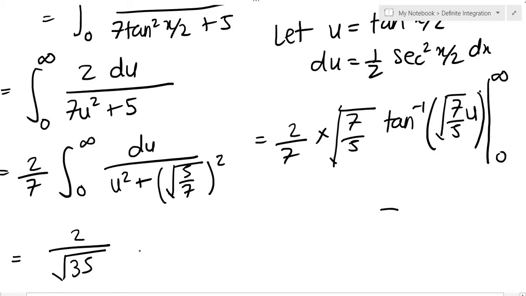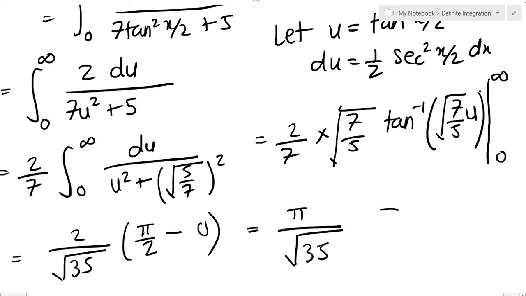So tan inverse of infinity, if you know your trigonometry, is pi over 2 minus, time to plug in the 0, tan inverse of 0 is 0, and finally the 2 and 2 cancel out. The final answer is pi over the square root of 35. Yeah, pretty neat answer.